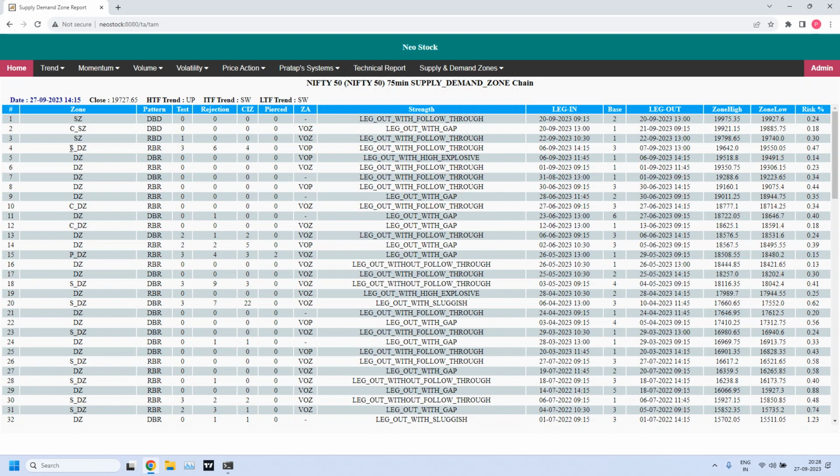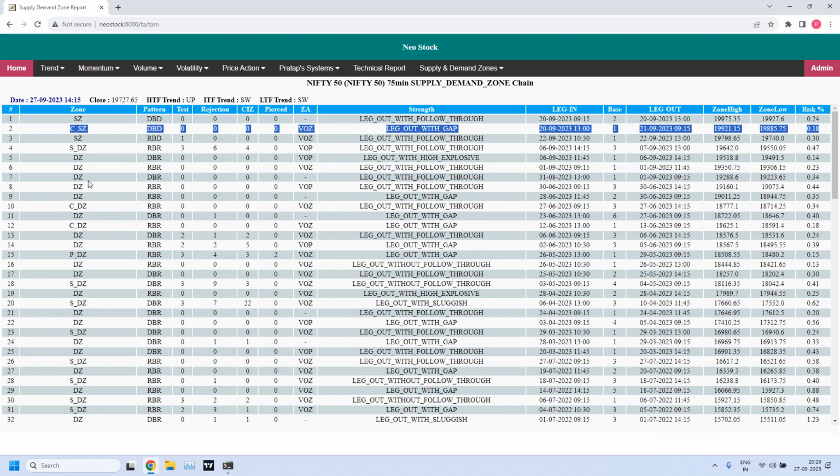And what about high liquidity supply zones? We have high liquidity supply zones here. Remember, the lifespan of lower time frame high liquidity supply zones is less compared to the higher time frame ones. That is one point we should remember, because lower time frames means their time frame is very small.